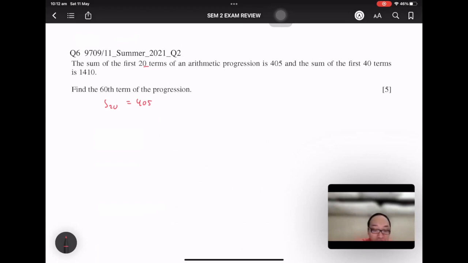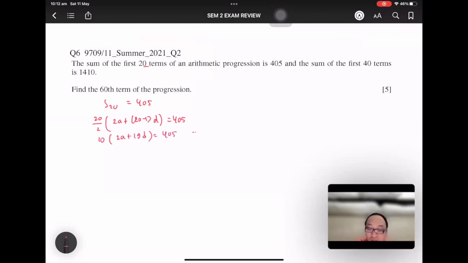So we have 20/2 times (2a+(20-1)d) equals 405. So 10 times (2a+19d) equals 405.